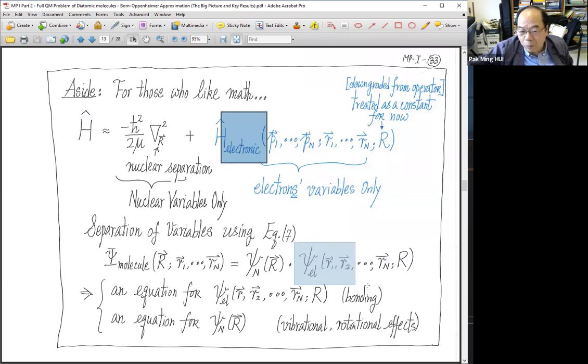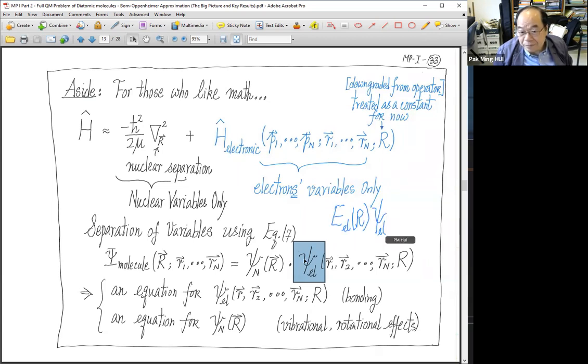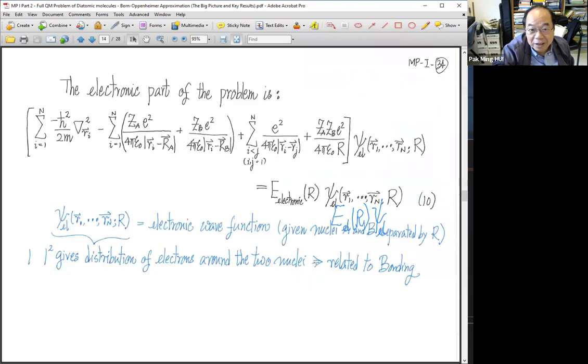Therefore, there will appear an eigenvalue for the given R multiplied into this electronic wave function. Okay? Get me? Okay? So now, with this, the answer is very interesting.